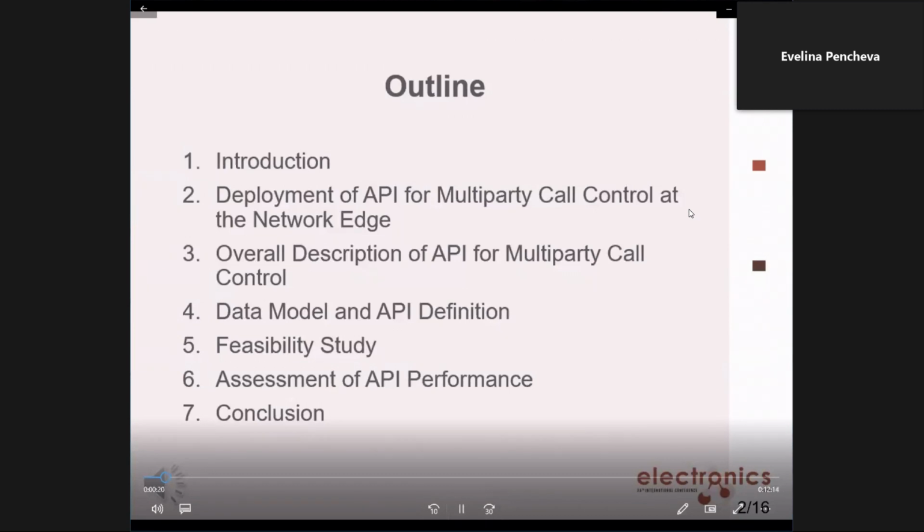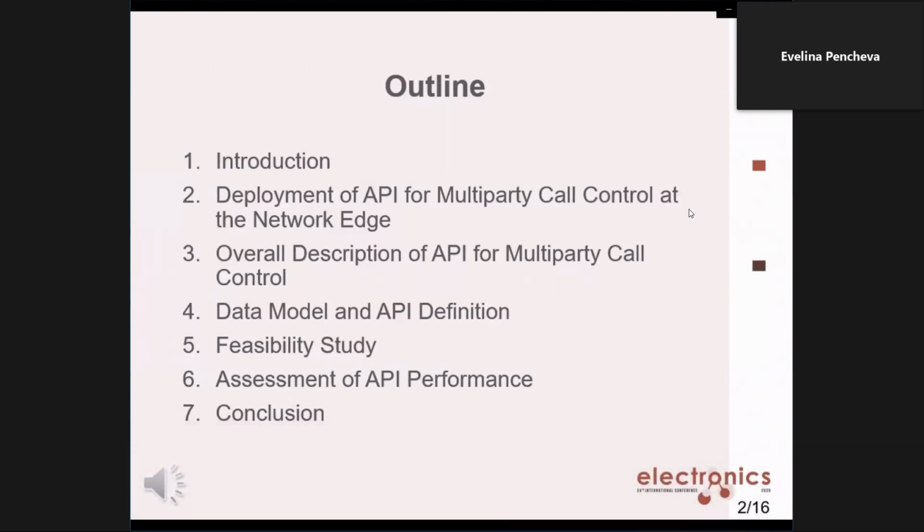Here is the outline of the presentation. The introduction presents the problem, which is related to open access to multi-party call control using multi-access edge computing technology. Next, the deployment of open access to multi-party call control functions at the edge is discussed. The proposed functionality is illustrated by typical use cases, data model, and interface definition.